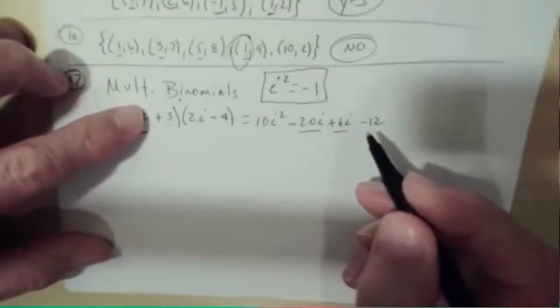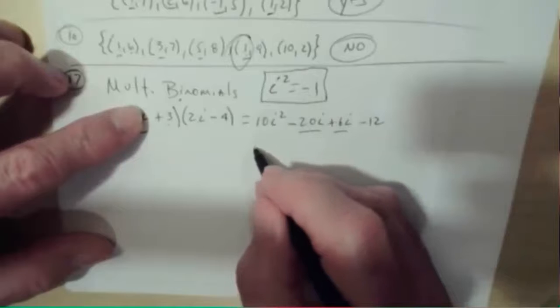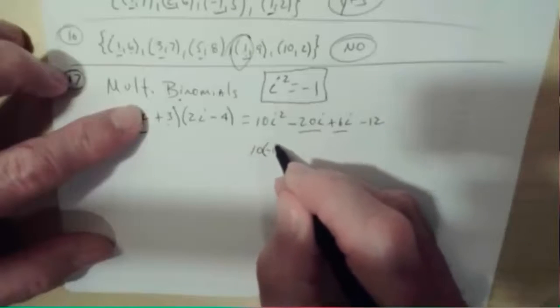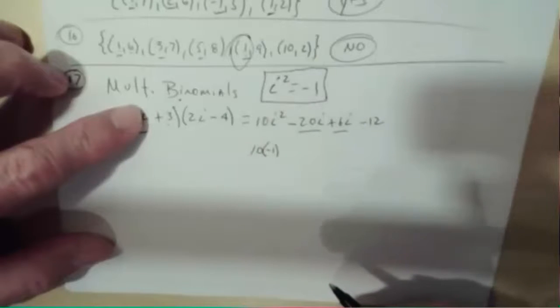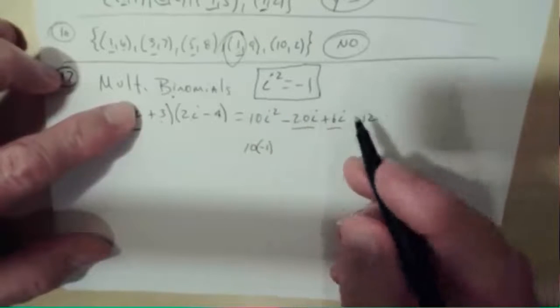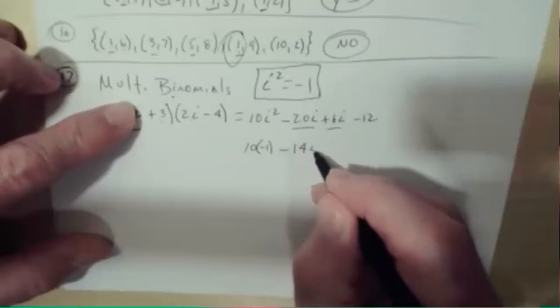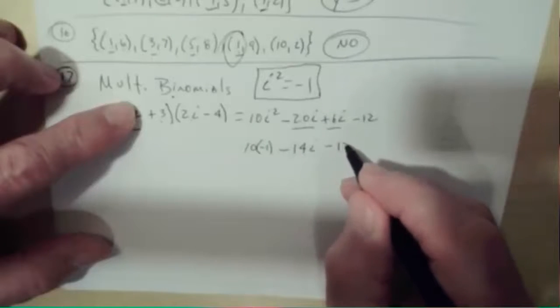Okay, middle 2 terms are common. Now remember, i squared here is -1. So we have 10 times -1. Okay, -20i plus 6i is negative 14i. Minus 12.